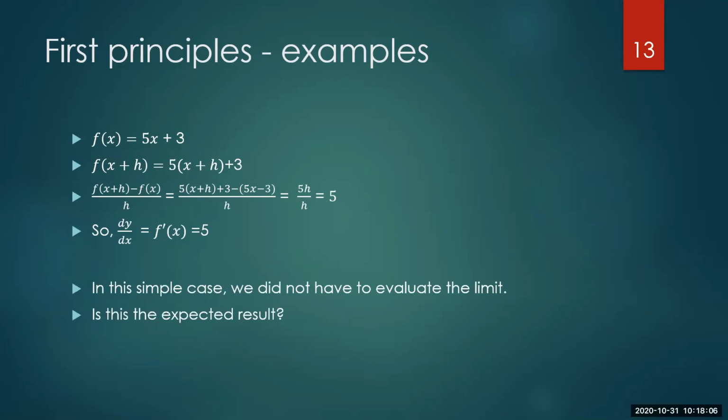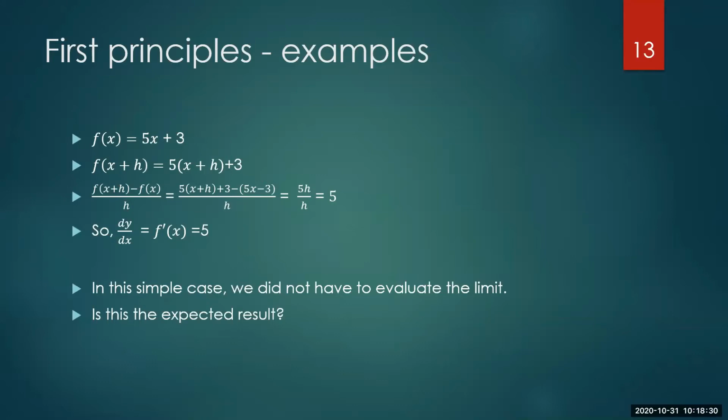So this looks like it might be useful. But the question is, is this result what we actually expected to see? I think the answer is yes, because f of x is equal to 5x plus 3. That's the equation of a line, of the form y is equal to mx plus c. Here we see that m is equal to 5, and we also see that f dash of x is equal to 5.